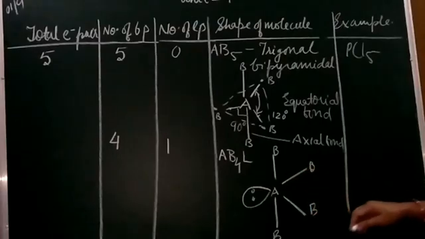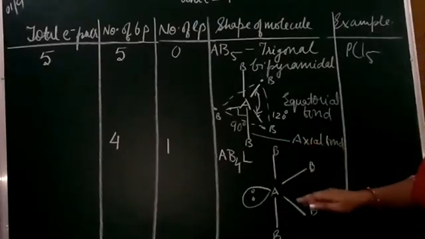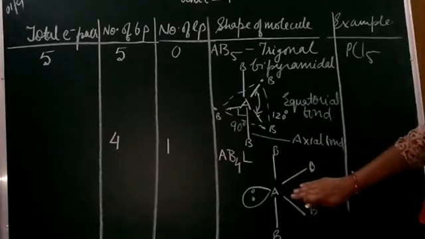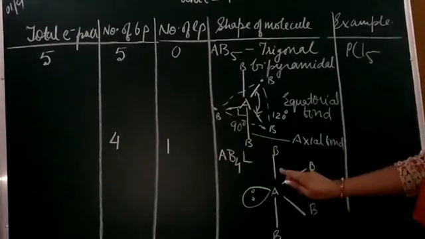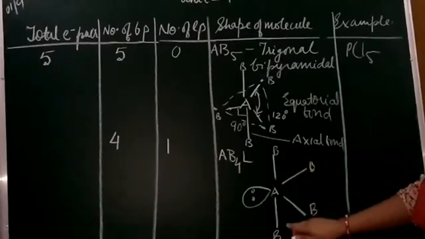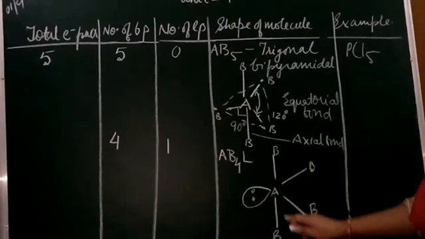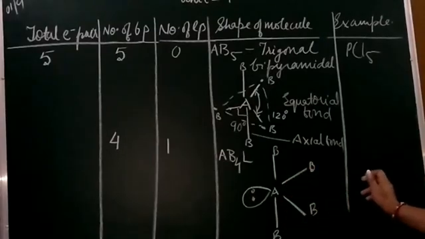If you see this shape, it seems to be like a seesaw. This is the base, and these two ends act as the two end points of a seesaw. So this shape is known as the seesaw shape.